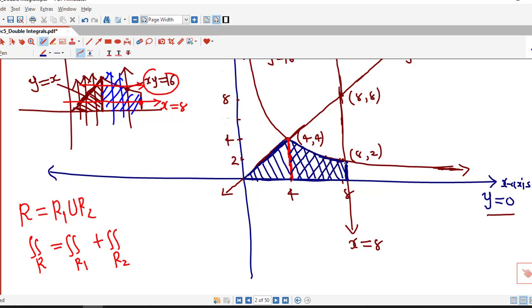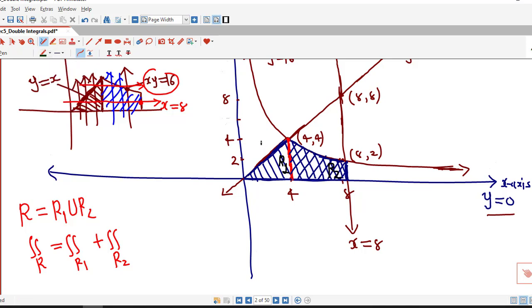Suppose this region is region R1, and suppose this is region R2. So we divide our region of integration into two subregions, and we will consider the double integral over R1 and the double integral over R2. First we consider the vertical line in this region R1.